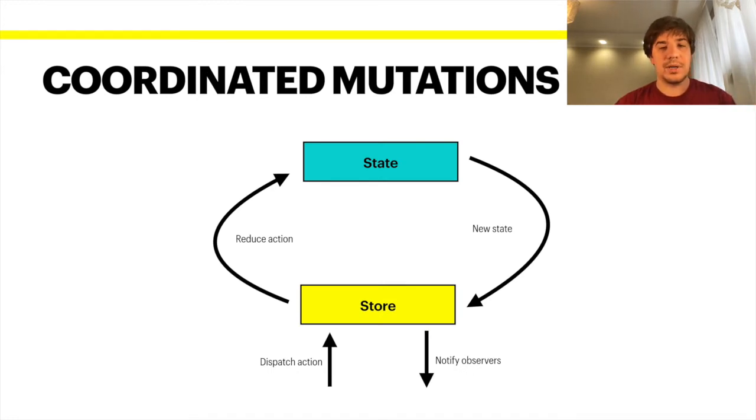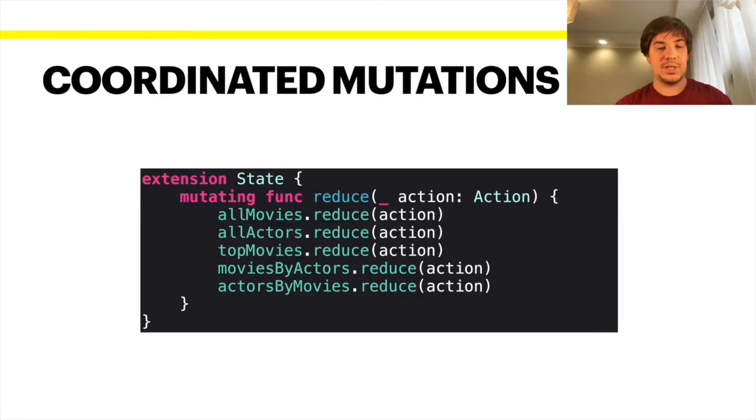Aside from strong identifiers, Redux is also known for its coordinated mutation approach. When we have an action which changes the whole state, we receive a new state in response to this action. Usually there is some kind of store in front of the state which coordinates these updates, tries to perform them asynchronously on a dedicated queue and manages all the notification of observers, all this kind of technical stuff, while the logic itself is stored inside the state.